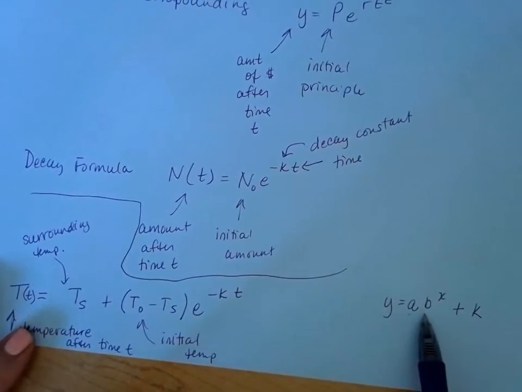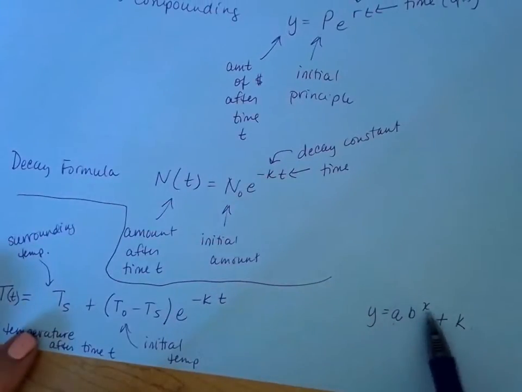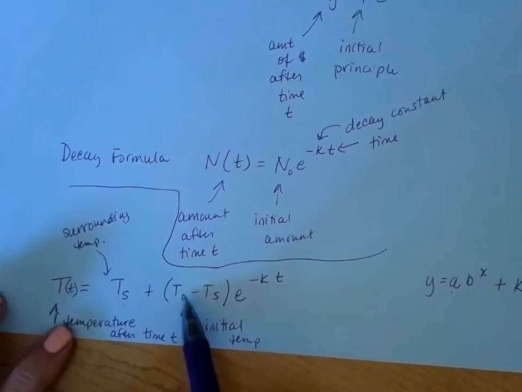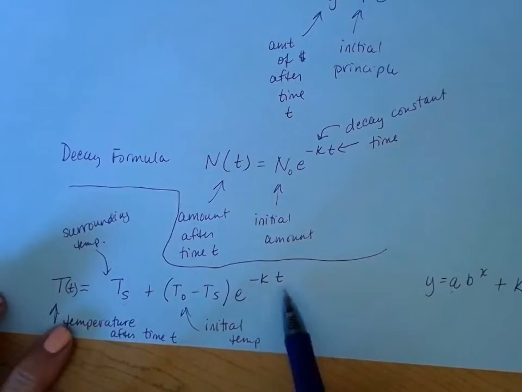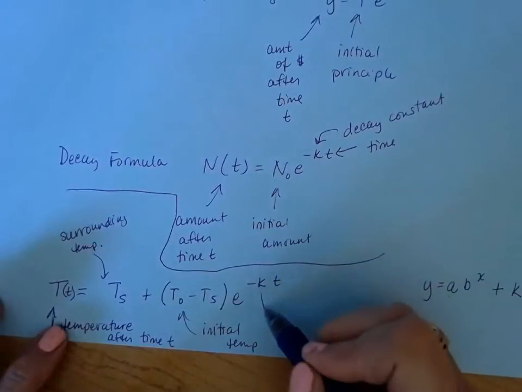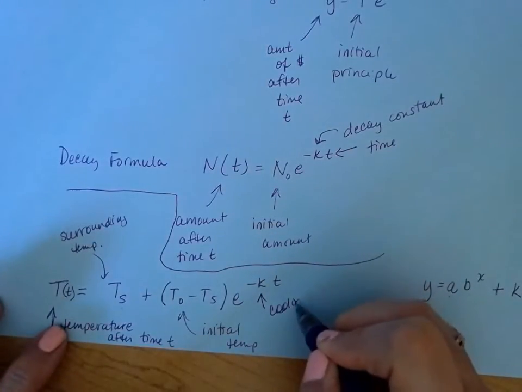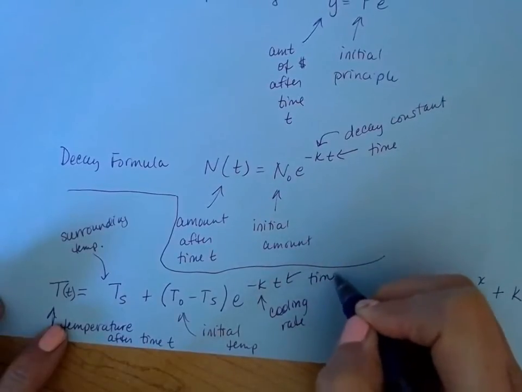B here just happens to be a growth of E. And X, your exponent, is a little bit different here for this formula, and then you have your plus K, which would be your surrounding temperature. So it's like your asymptote, this is like your A, or your coefficient of your base, which is E, raised to the exponent. Now K is going to be your cooling rate, and T is going to be time.